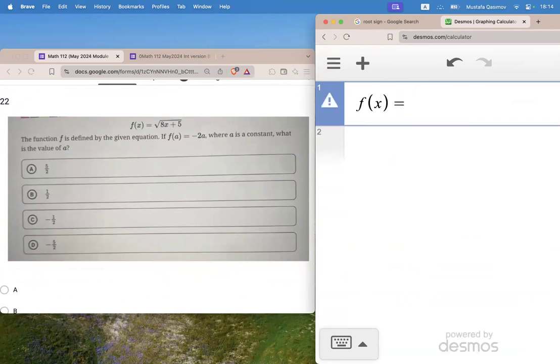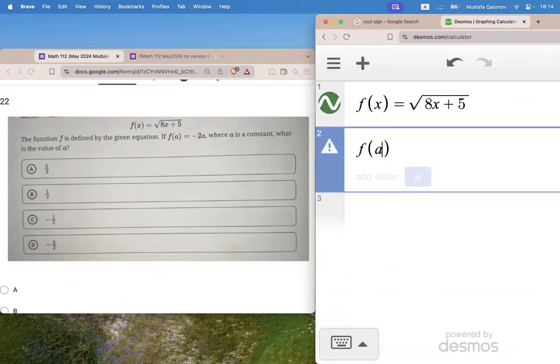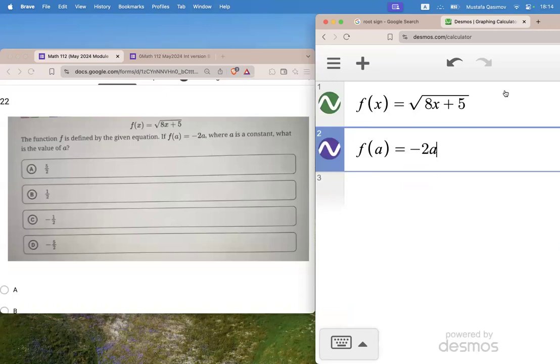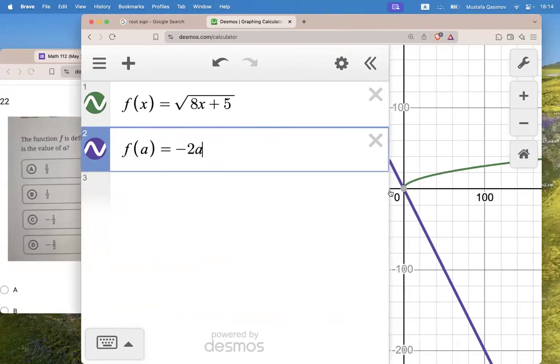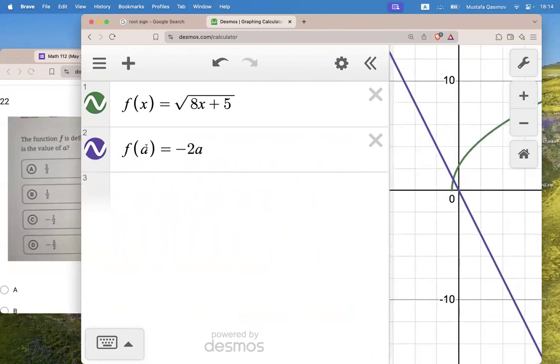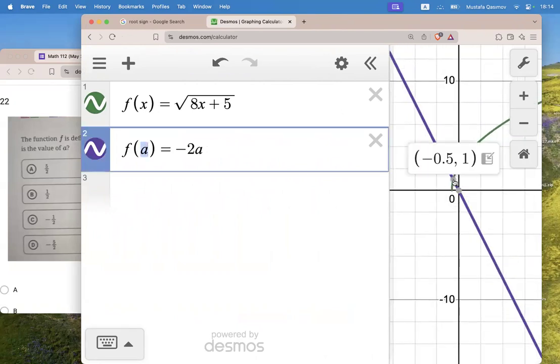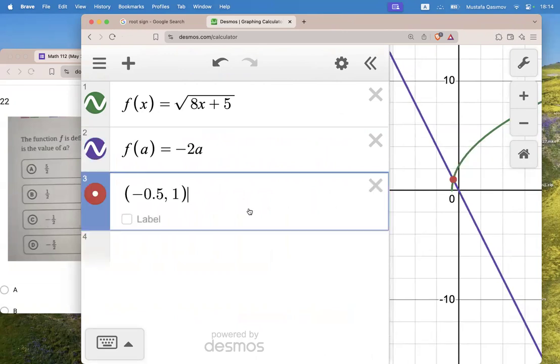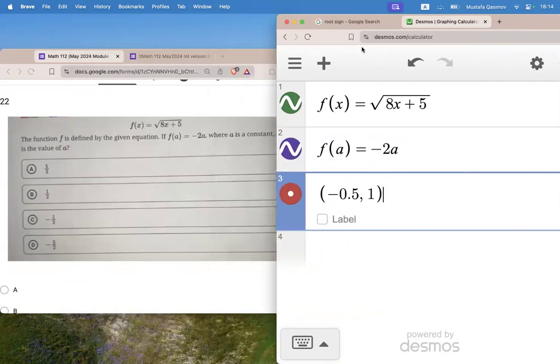F of x is equal to square root of 8x plus 5, and f of a is equal to negative 2a. You can find this answer from this intersection point. We need to find a, and a is x here. So you have to look for x. Answer is negative 1 over 2, C. You can do it like that.